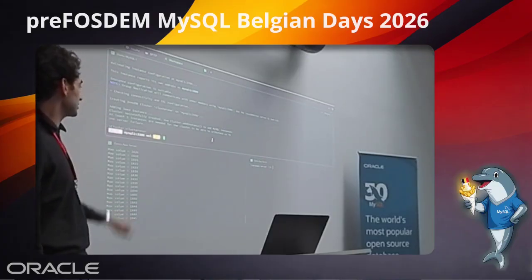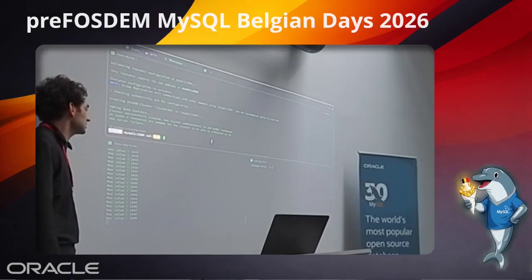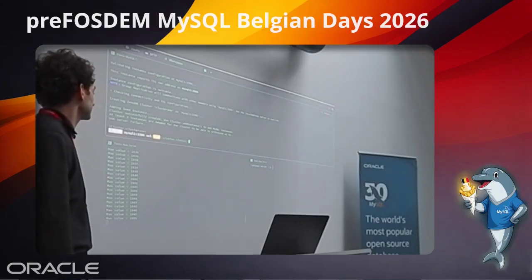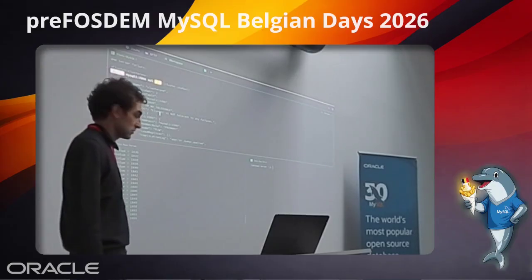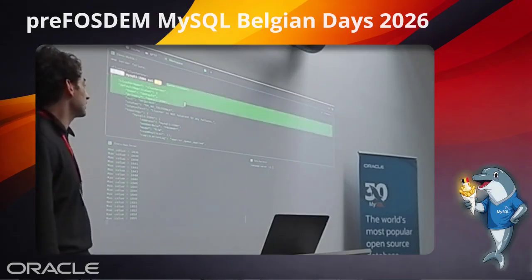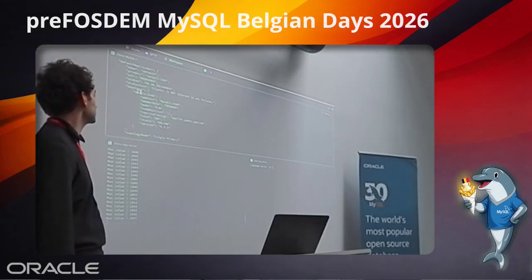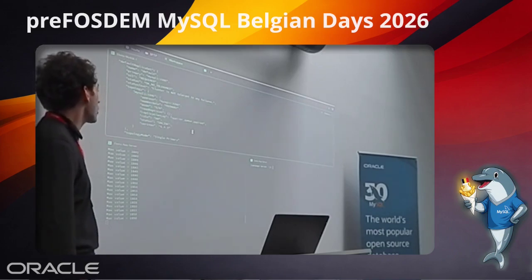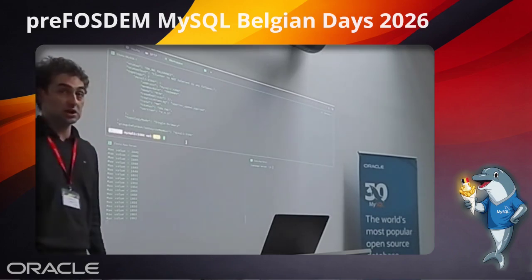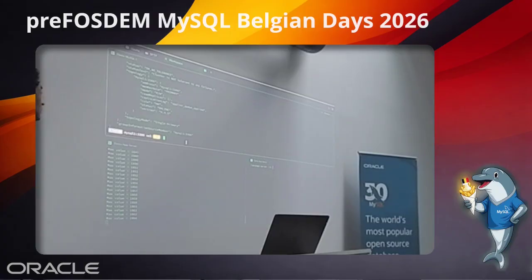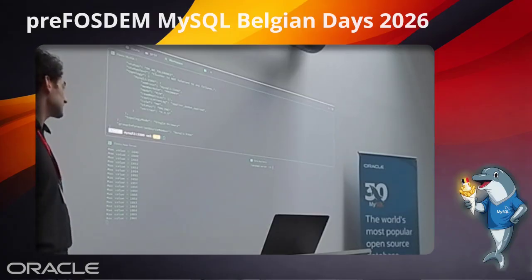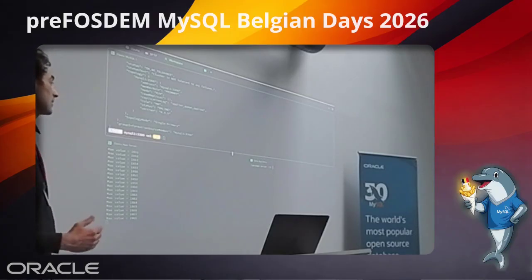So the cluster is created. Now I can show the cluster status. And I have a cluster with one node, which by itself is no use, or nearly no use. And I can start adding the other nodes.